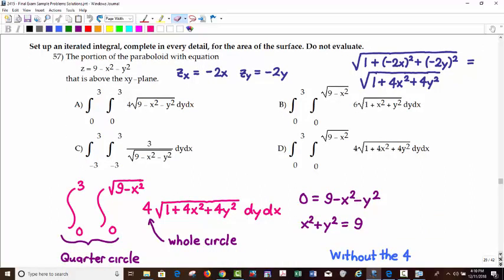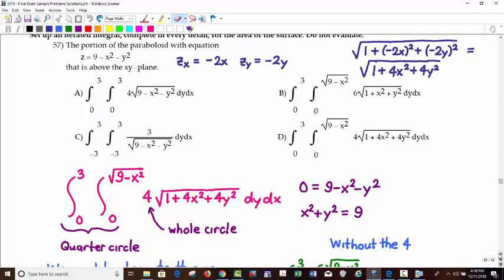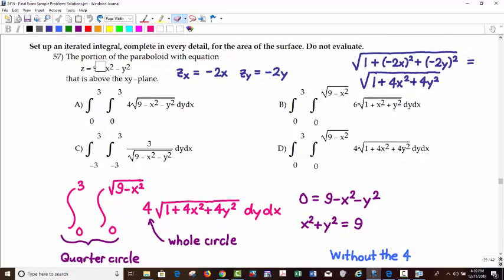Now this one is just setting up the integral for the surface area without evaluating. All right, so it's already set up for us, this paraboloid. Z is already isolated, so we can take the partials as is, which will be: the x partial will be negative 2x.